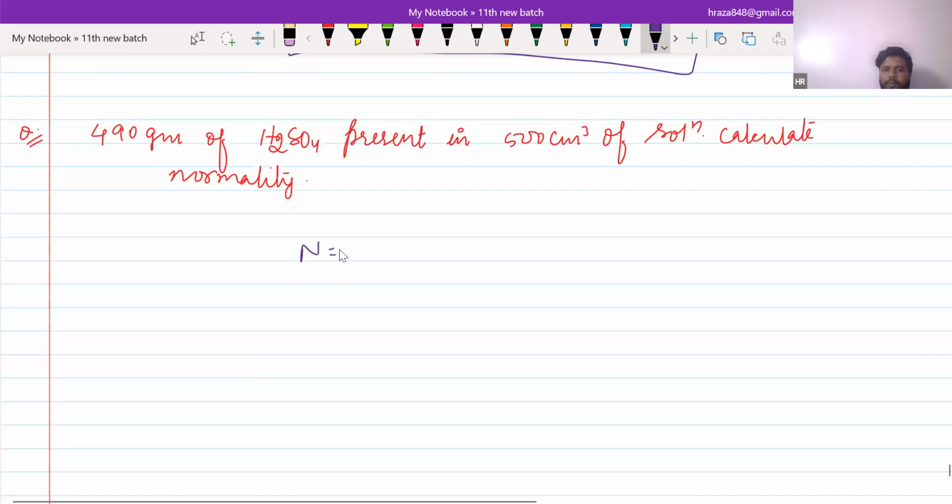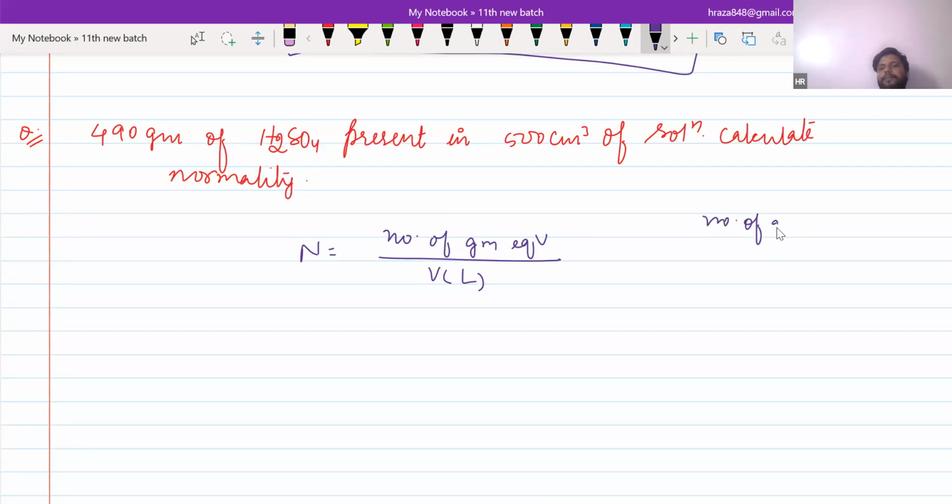So we need to calculate normality, and there is the number of gram equivalent upon volume of solution in liter. First of all, for the number of gram equivalent we have the formula given mass upon equivalent mass. Given mass is 490, and equivalent mass?